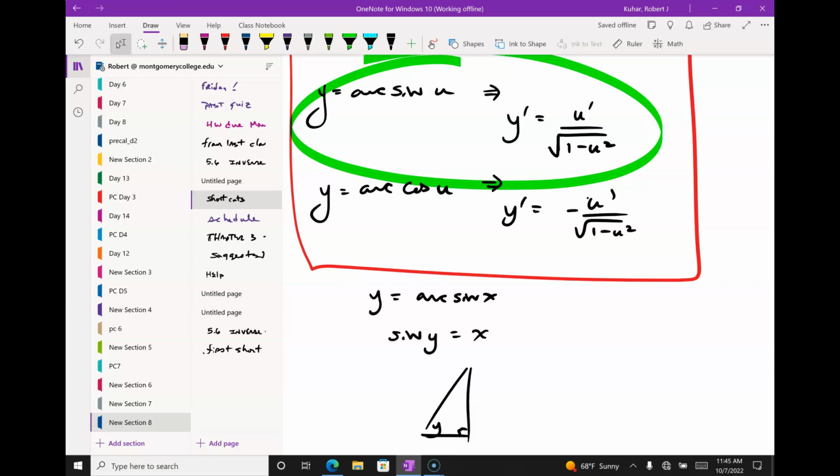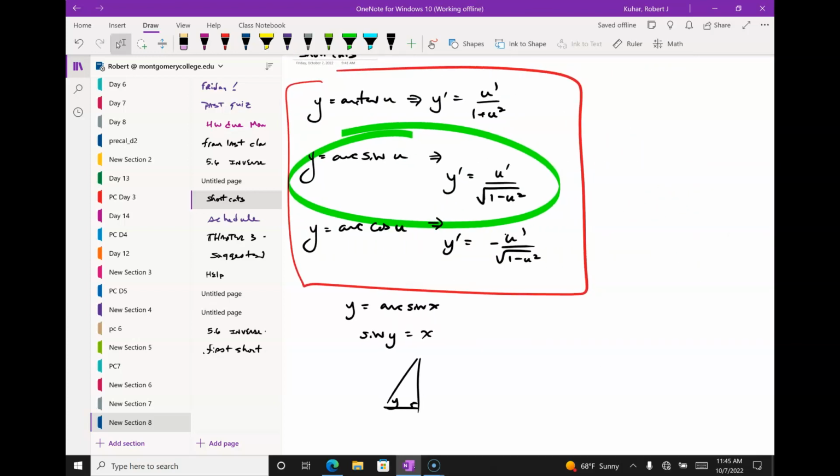Obviously this side's going to be x, and how big will the hypotenuse be? 1. The sine is the ratio of opposite over hypotenuse, so x over 1. Et cetera, et cetera. Make sure you do that. Is that okay?